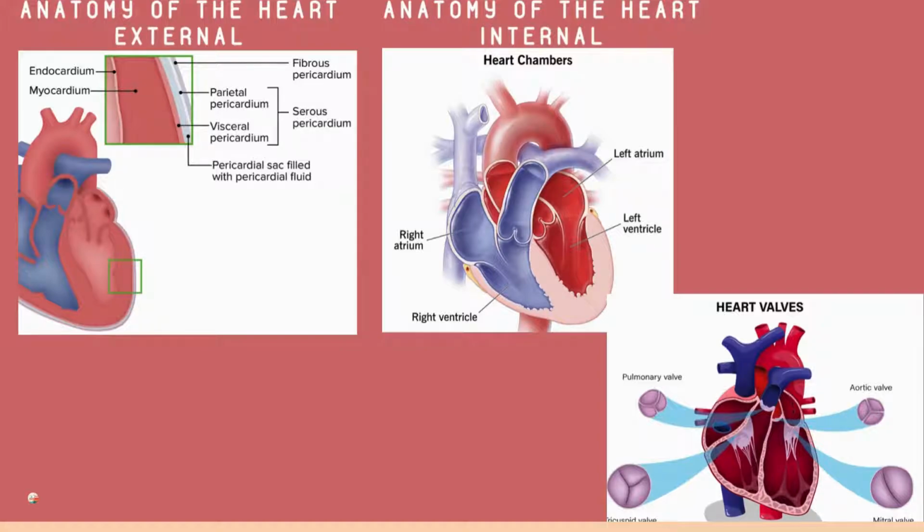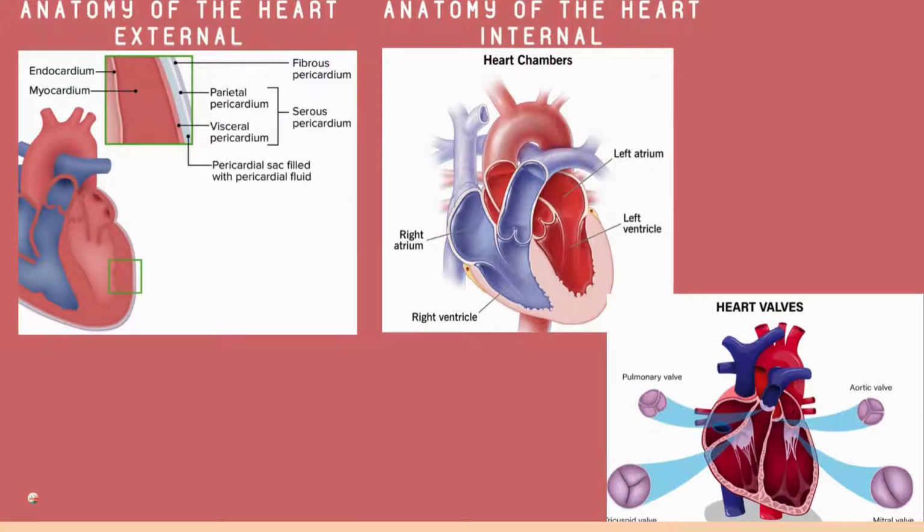epicardium. Now, the innermost layer of the heart, which lines the walls of the internal chambers of the heart, is the endocardium. Then there is a middle layer called the myocardium, which is a thick muscular layer.